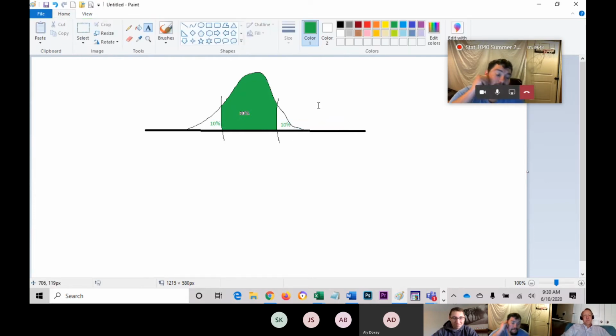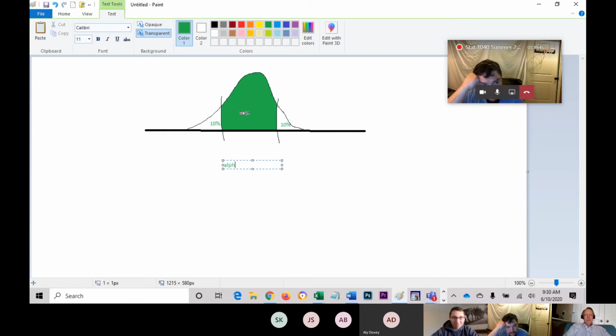Okay. So what's my alpha in this case? Your alpha is 20%. Your alpha over 2 is 10%, right? You want 10% in each tail. So you want half of your alpha in the left tail, and half of your alpha in the right tail. So that's 10%.